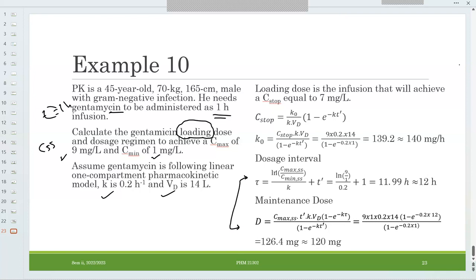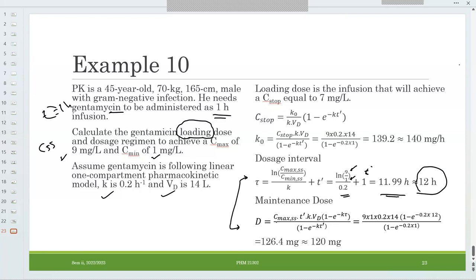First we calculate tau equal to ln Cmax divided by Cmin at steady state, divided by K, plus infusion time. So equal to ln the target Cmax 9 divided by target Cmin 1, divided by K, plus the T prime, the infusion time. It is supposed to be 11.99 hours, so we just round to 12 hours.